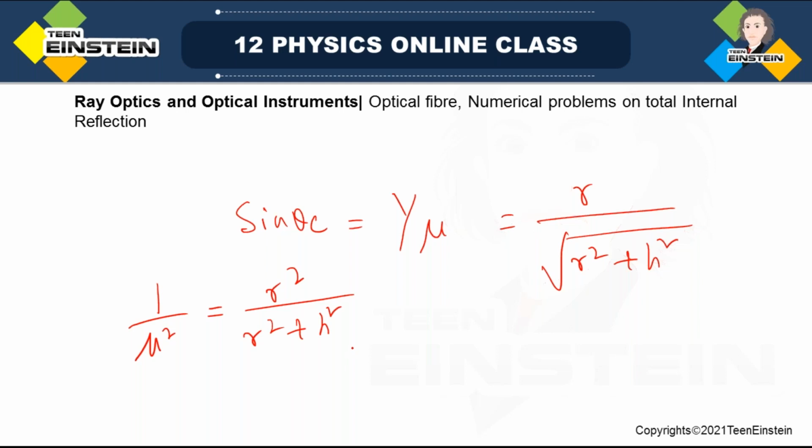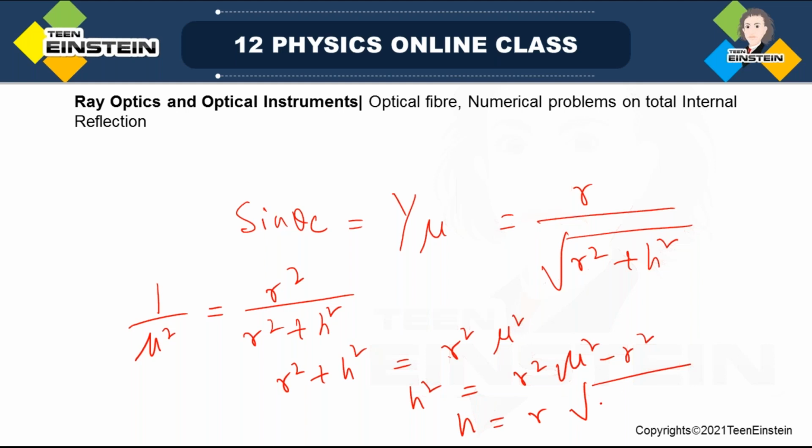So r square plus h square is equal to r square mu square, so h square is equal to r square mu square minus r square. If you take r square common and take the root, you get h equal to r times the square root of mu square minus 1. This will give you that particular height.